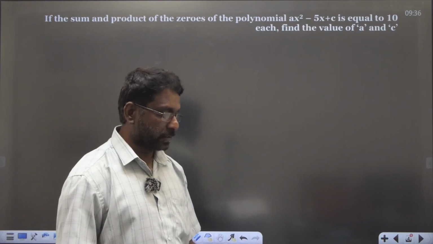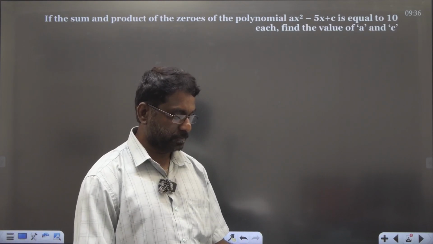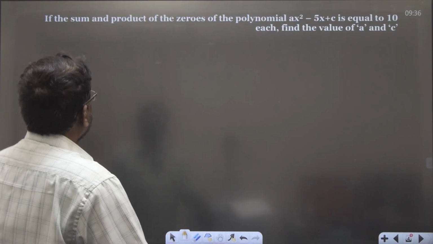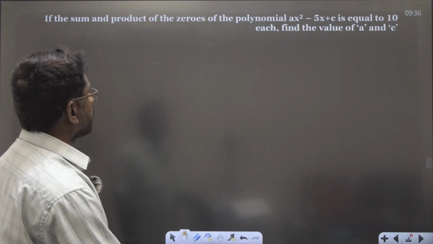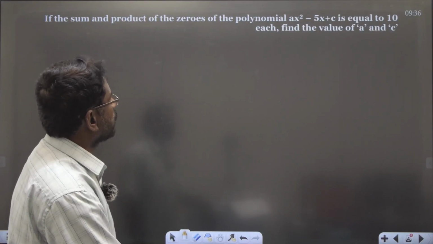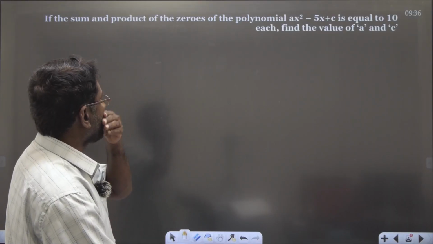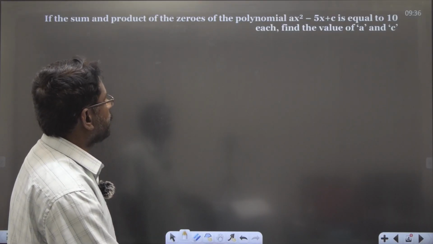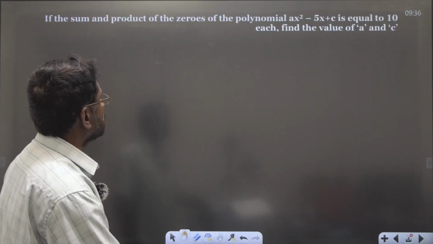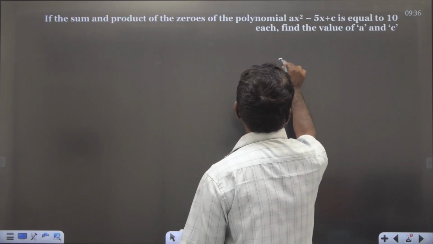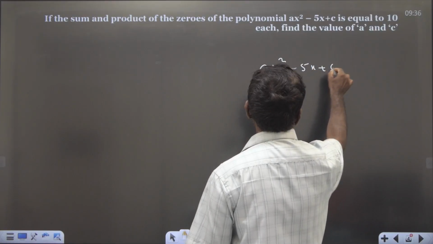And another question. If the sum and product of the zeros of the polynomial ax square minus 5x plus c is equal to 10 each, find the value of a and c. Okay, here the given polynomial is ax square minus 5x plus c.